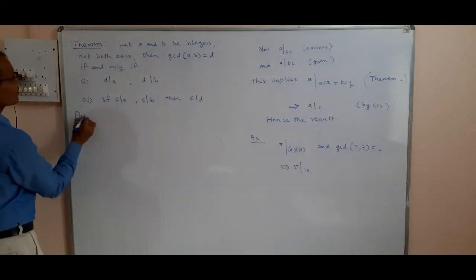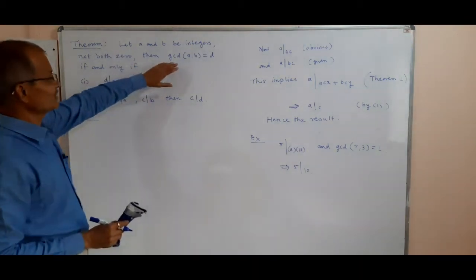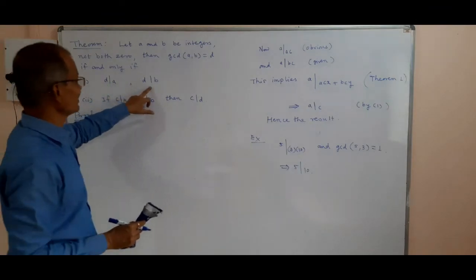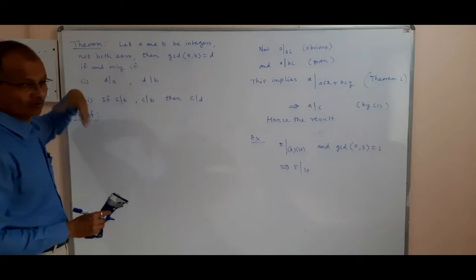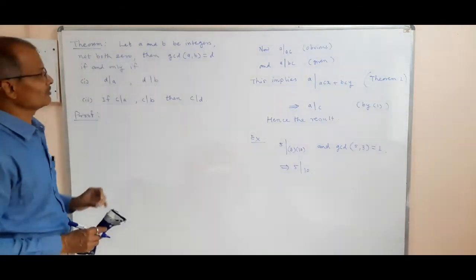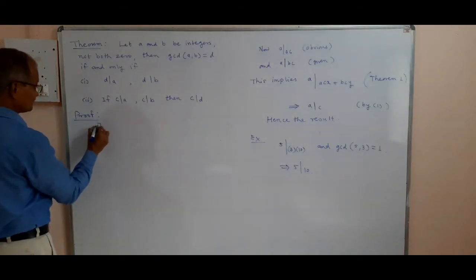Now the proof. The proof will contain two parts, as it is an if and only if condition. That means if GCD of A and B is D, then we have D divides A, D divides B, and second, these two conditions must be satisfied. And conversely, if these two conditions are satisfied, then GCD of A and B must be D. So we can consider the first part.